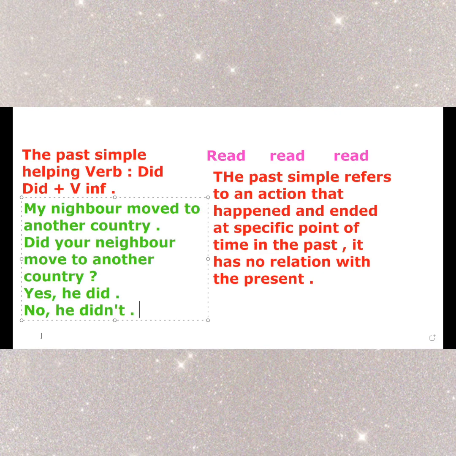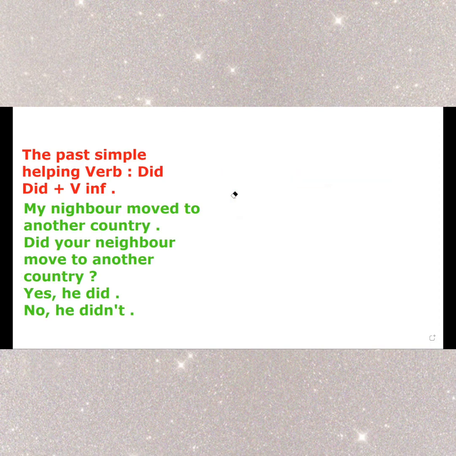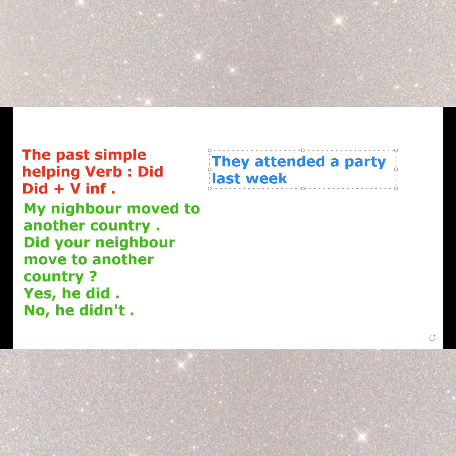So if we need to change any verb in the past form into a negative form, how can we do it? For example: they attended a party last week.